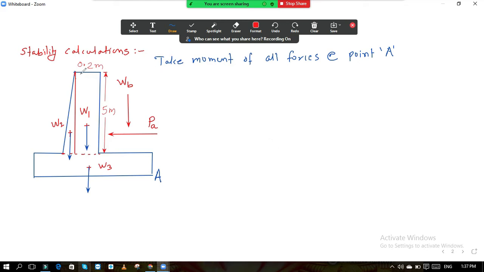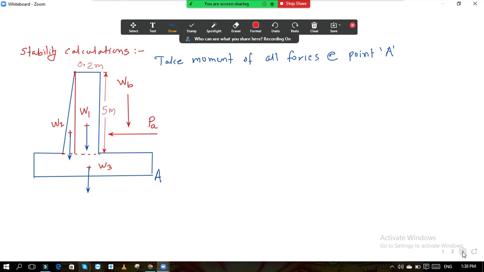So what is the area? 0.2 into 5 into 25. So I will get the load in magnitude in kilonewton. 0.2 into 5, so 1 meter length we assume.